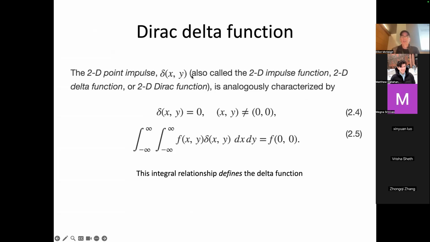A very trivial definition of it is that it's a function such that at x and y, at all points in space, that function is 0, but it is not 0 at the origin. I'm not telling you what it is. That's not how it's defined, but it isn't 0 at the origin.